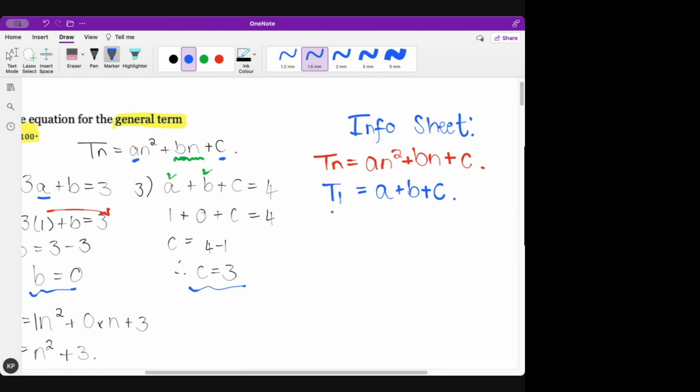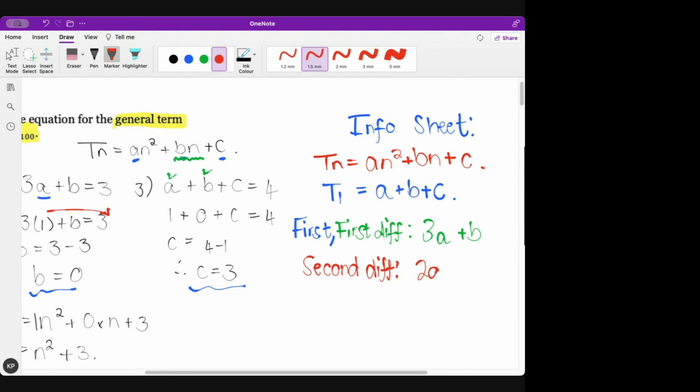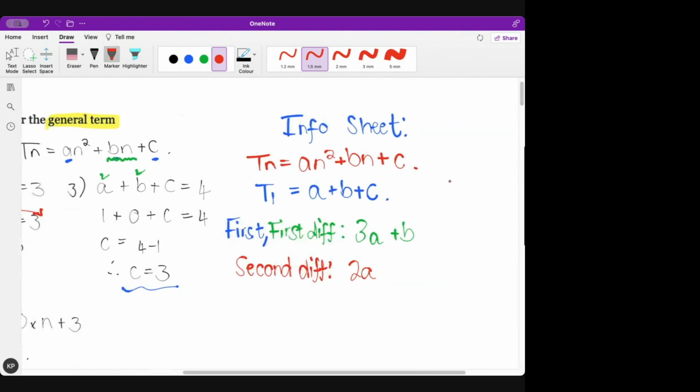Okay, and now your first difference is equal to 3A plus B. Okay, and then last final piece of information is your second difference is equal to 2A. Okay, so take a screenshot of this, please.